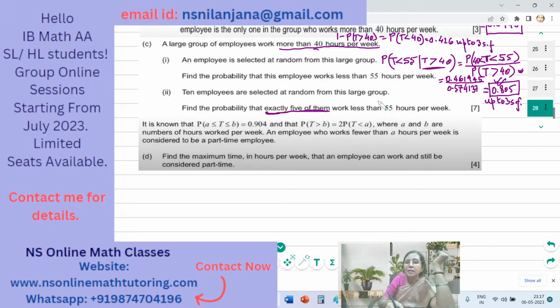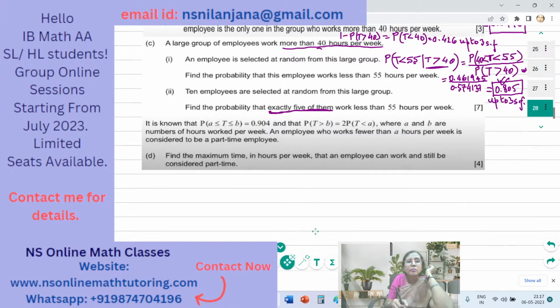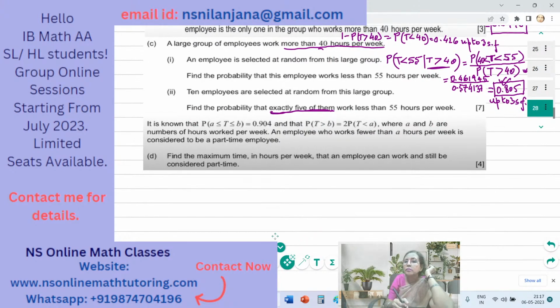Let me take X. X is a binomial distribution variable where n is 10. And what is the probability of success?